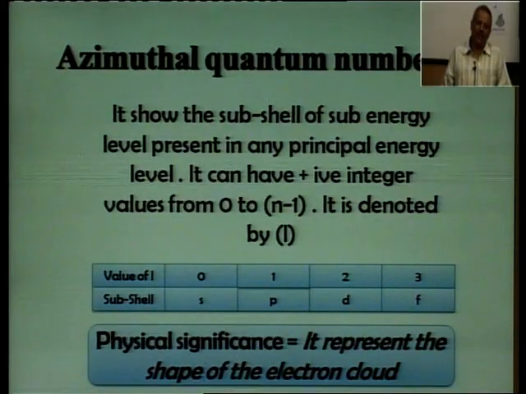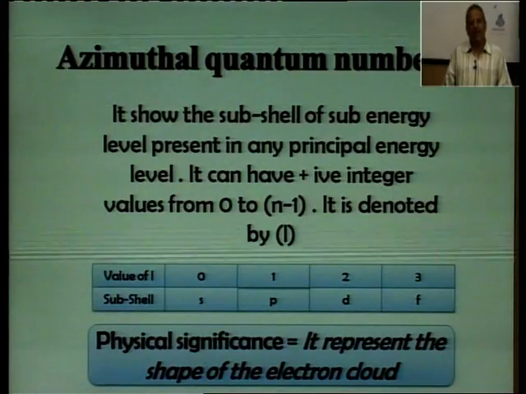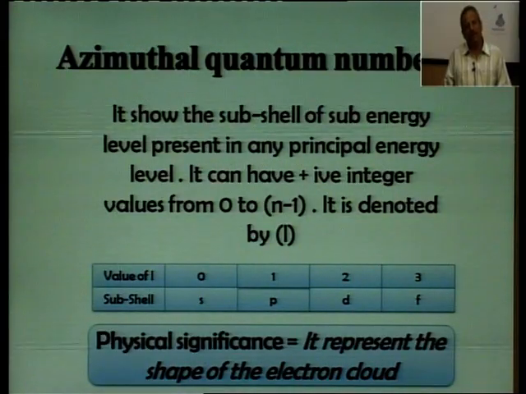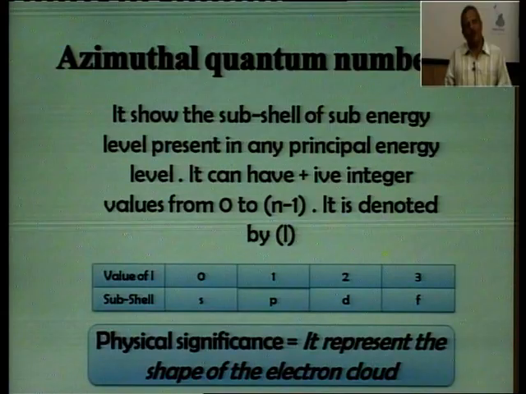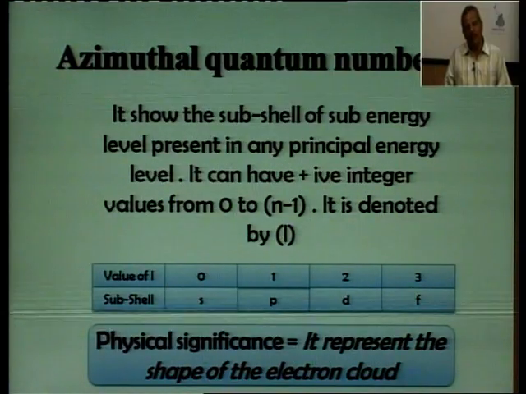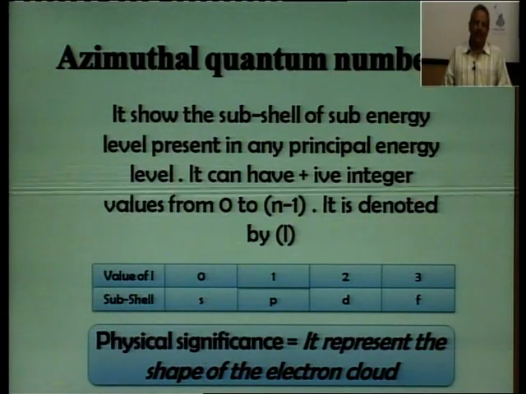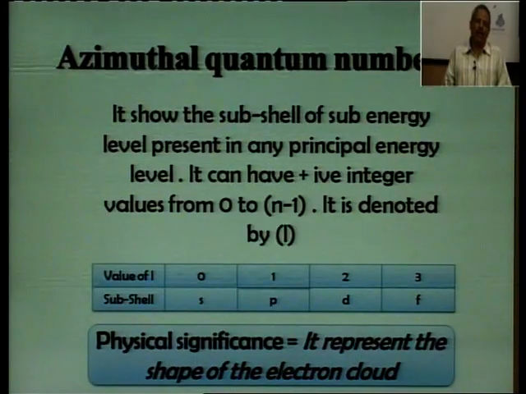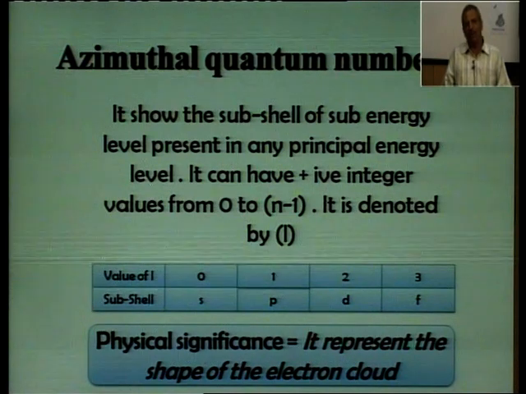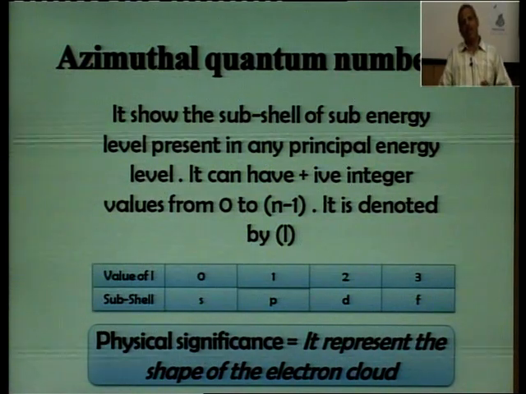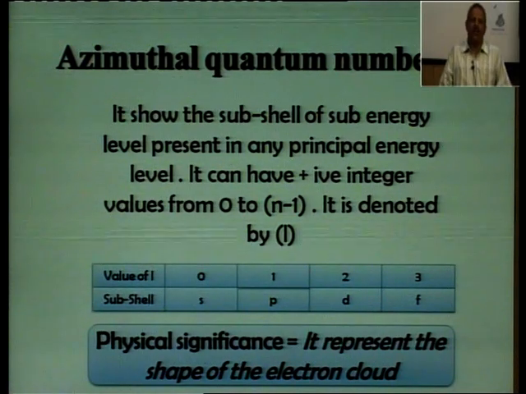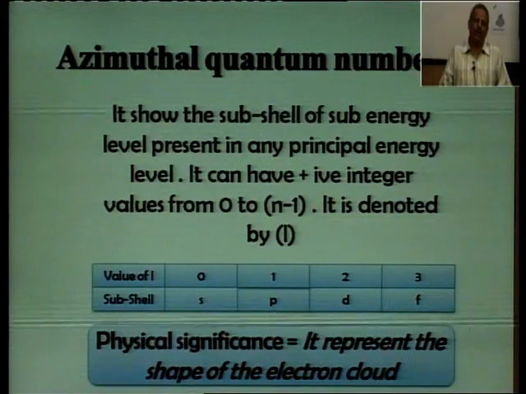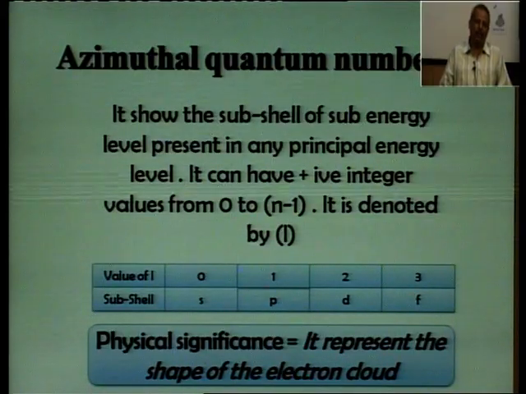If it is in level 0, then it is in the s orbital. If the value of l is 1, then the electron is present in the p orbital. Similarly, if the value of l is 2, then the electron is present in the d orbital, and if the value of l is 3, then the electrons are present in the f orbitals.